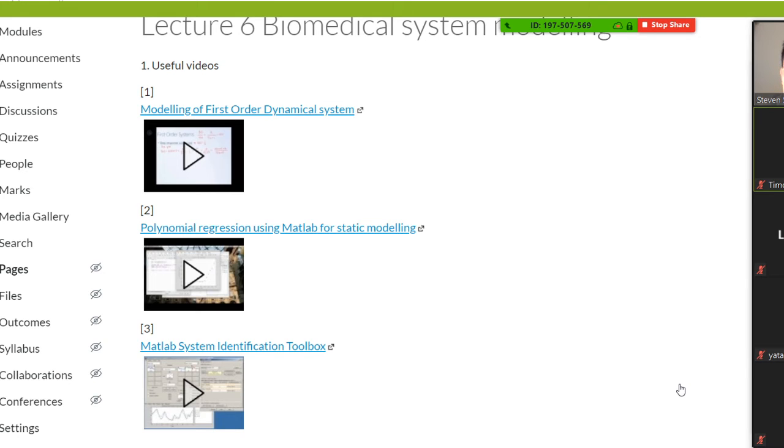Maybe you haven't learned about systems before, but if you are a postgraduate or in the third year, maybe you know first order and second order systems. I assume you know that. If you have a problem, then you need not select a project related to this technique.